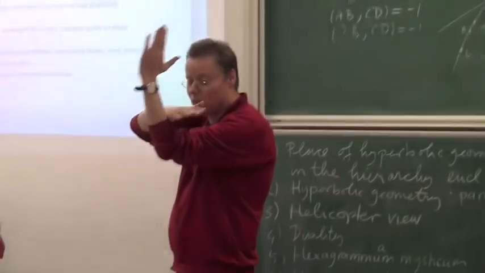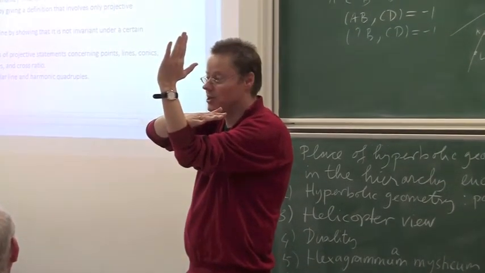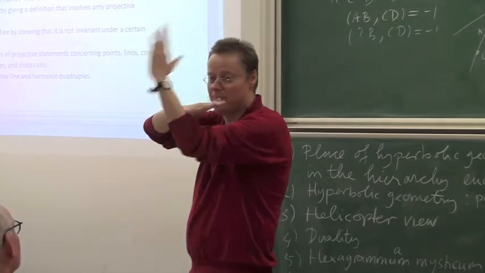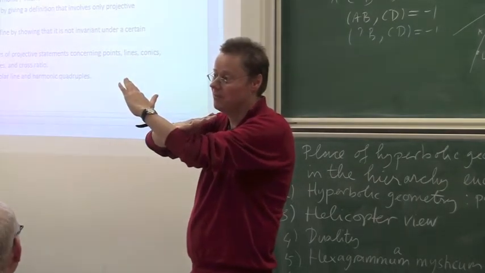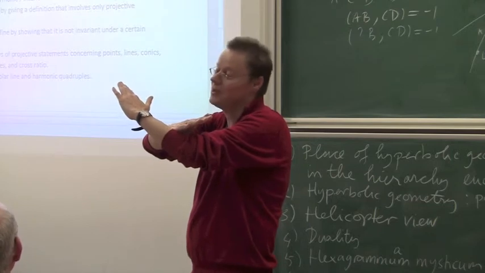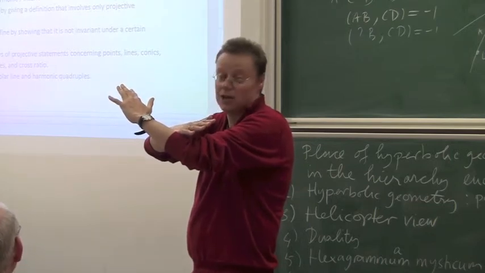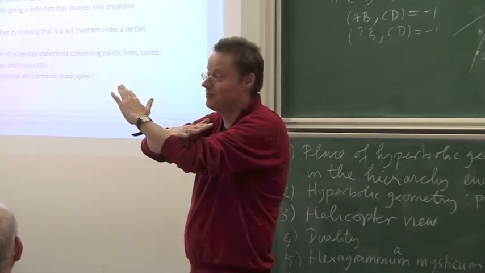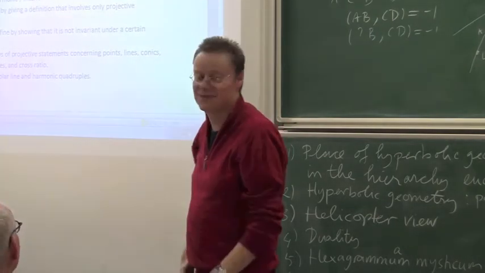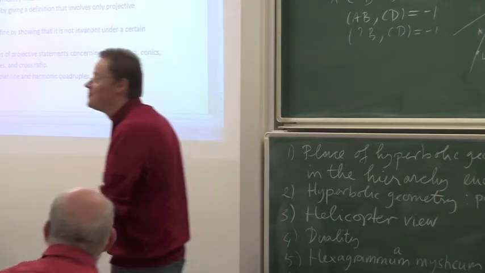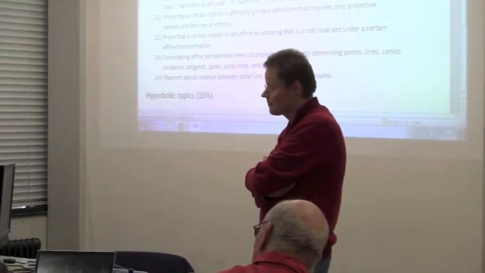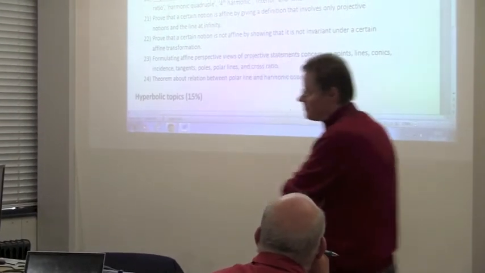If you can find one right angle in the Euclidean plane and one affine transformation which does not map the right angle to a right angle, then you have shown that this is not an affine notion. And you can never define it only using projective terms and the line at infinity. It's a logic statement: if not invariant, then not affine. Exactly. That's the statement.